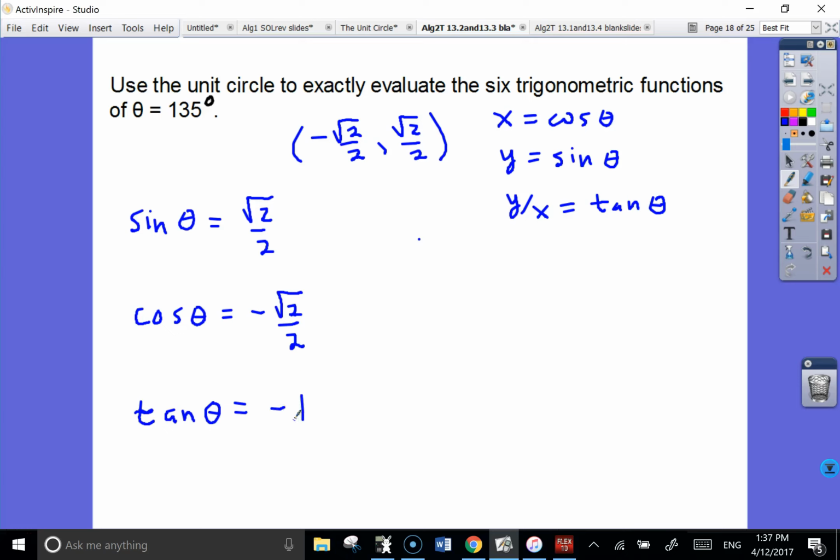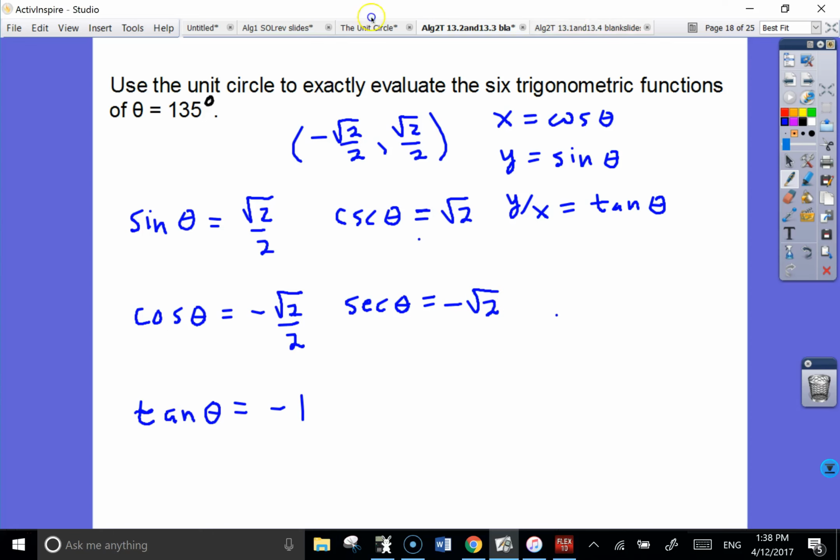Then you've got to do all the flips. The flip of the sine is the cosecant. What's the flip of square root of 2 over 2? Square root of 2. What's the flip of negative square root of 2 over 2? Negative square root of 2.